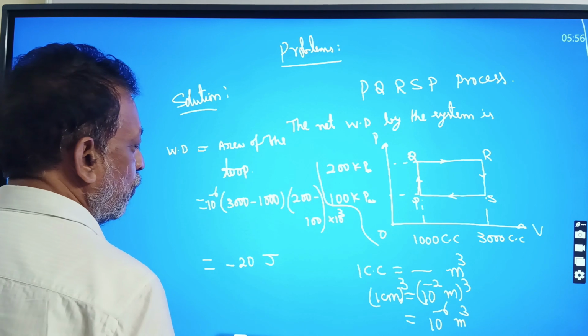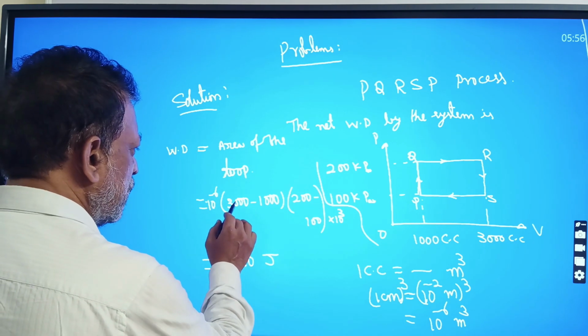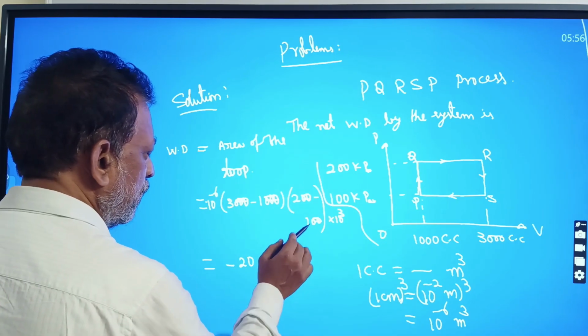One thing, first you simplify. Take 1000 out as common, and 100 as common, which is 10 to the power of 5.